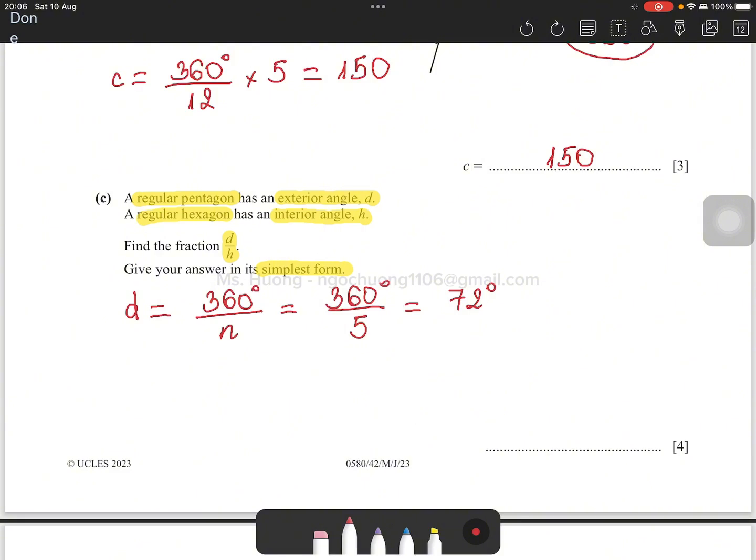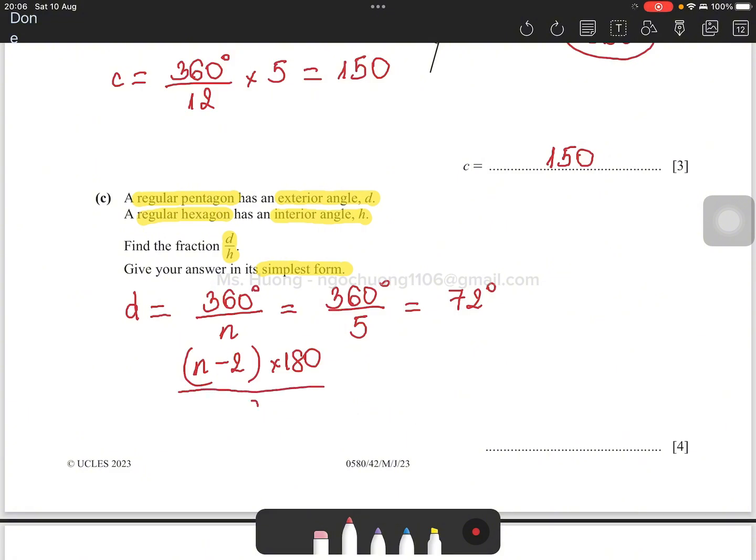Then, in a regular hexagon, you know that the sum of all the interior angles is n minus 2 in brackets, then we multiply this by 180. This is the sum of all the interior angles in a hexagon. And because this is a regular hexagon, all the angles are equal.